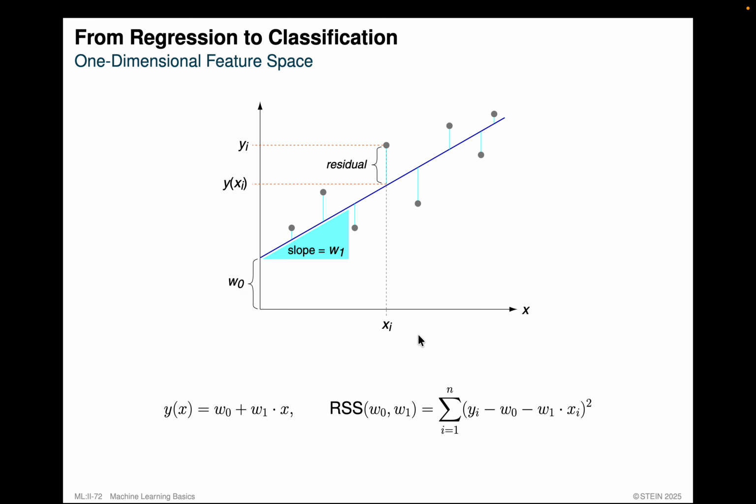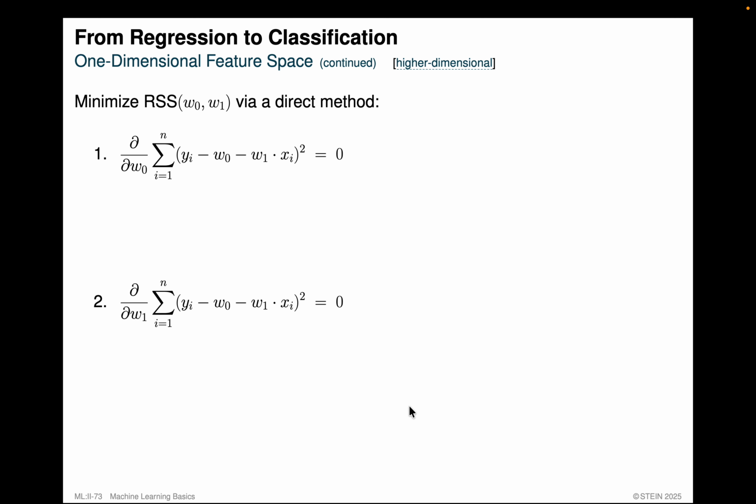So, interestingly, this function is convex. And due to the convexity, we can use simple analysis in lower dimensions and just compute the optimal parameters for our model function.